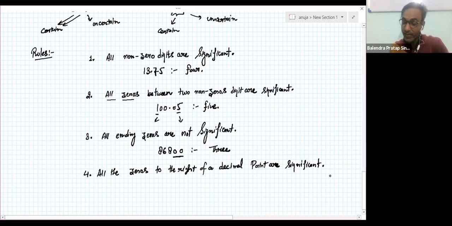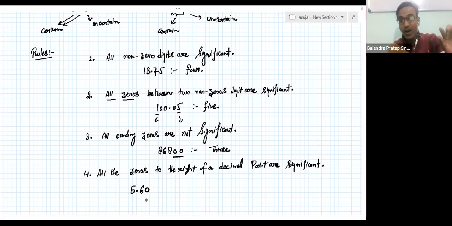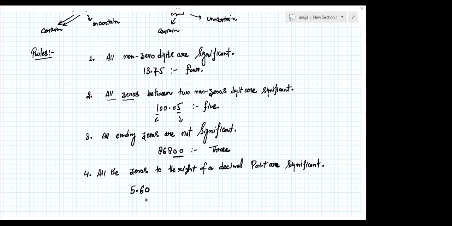Okay, you have to consider every zero to the right side of the decimal point, such as if I take the example 5.60. You may get confused. Again, read the statement: all the zeros to the right of a decimal point are significant.